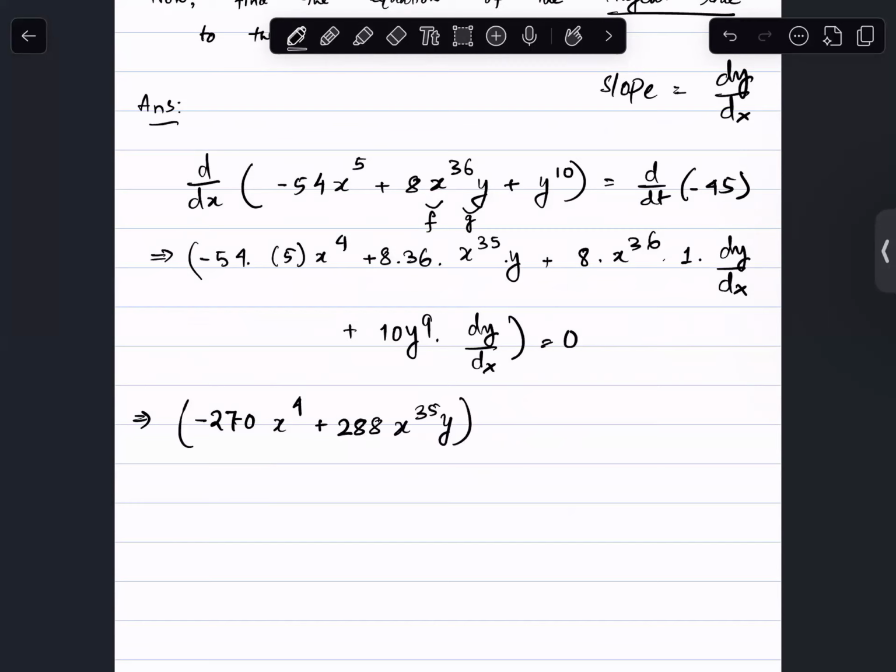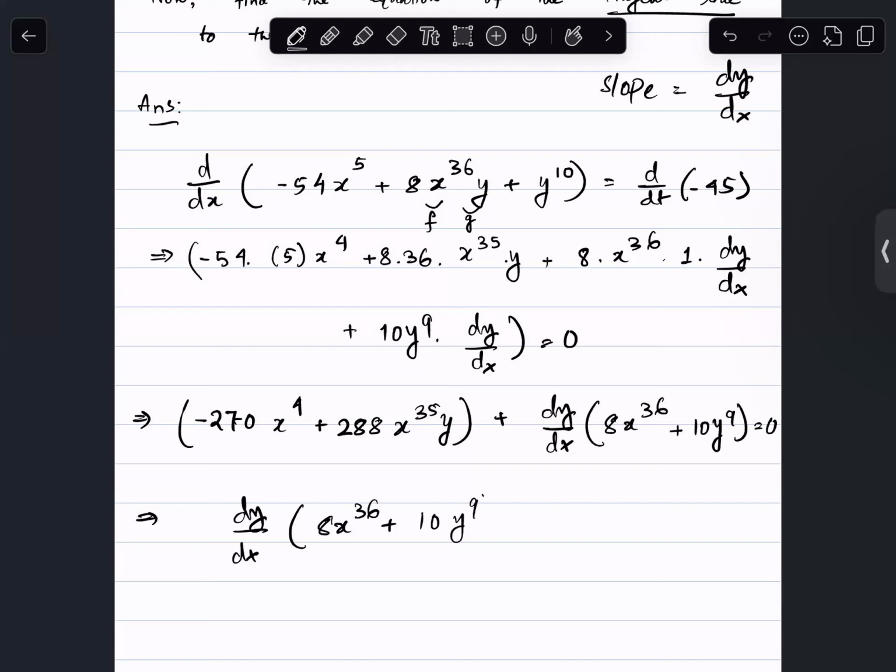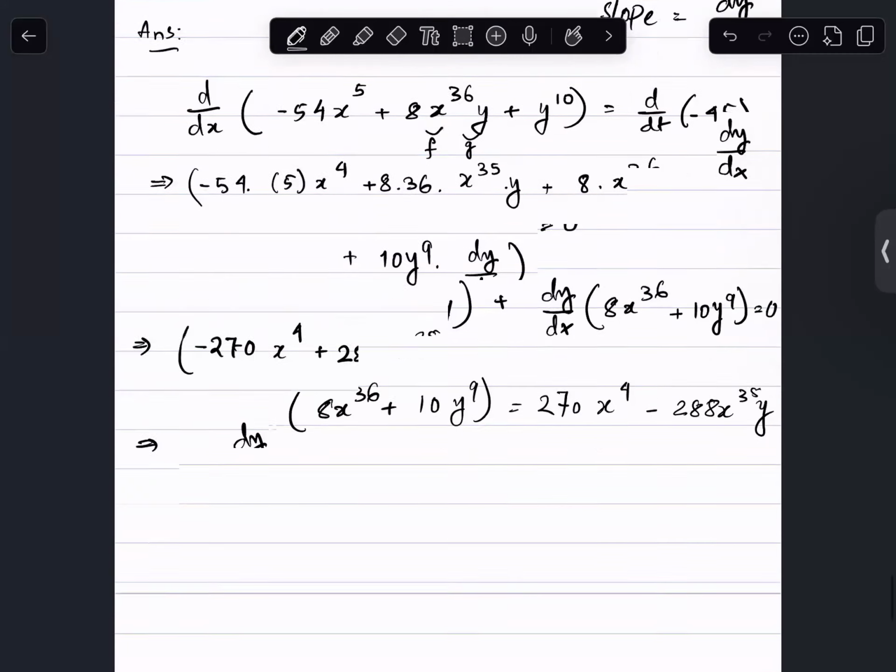So this term is without any dy/dx, and the other two terms have dy/dx. You can factor those out. Okay, and then you simplify the expression and separate out dy/dx. So you subtract this whole term and take it to the other side. So you get 270x to the 4 minus 288x to the 35y.